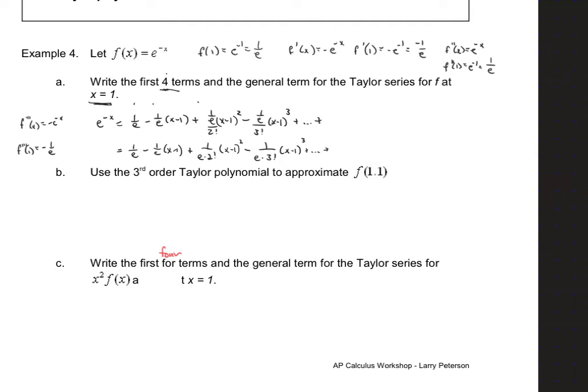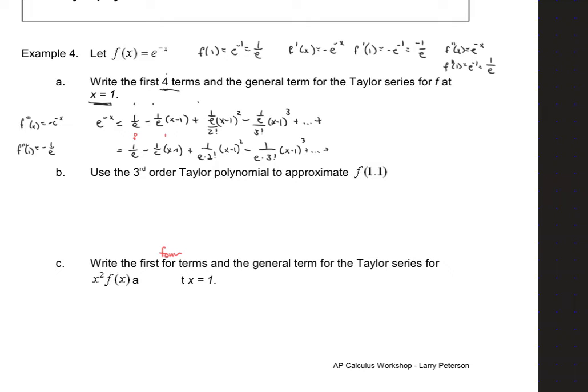Okay, so I'm thinking, and you have the freedom to think of the first term as being the 0th term or the first term. So there will be 2 correct answers to the general term, the nth term. I'm going to think of that as being the 0th term, and this as being the first term.